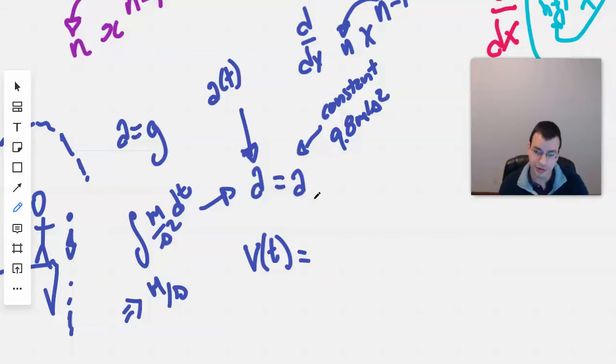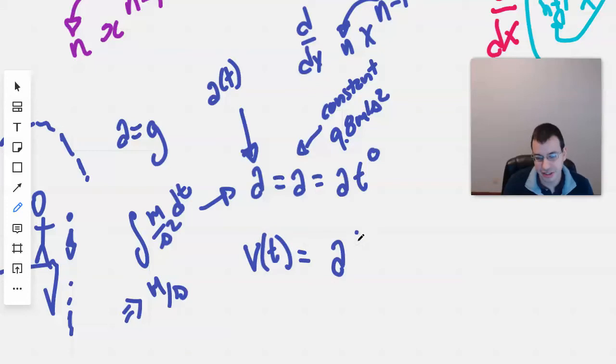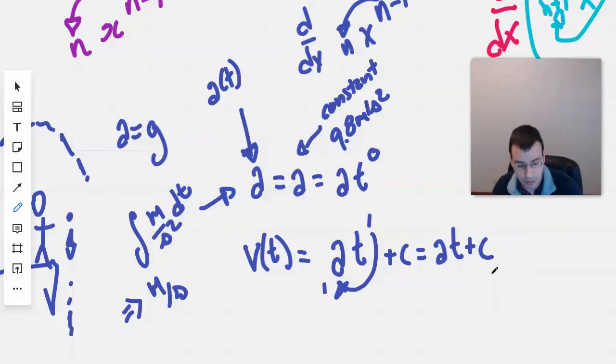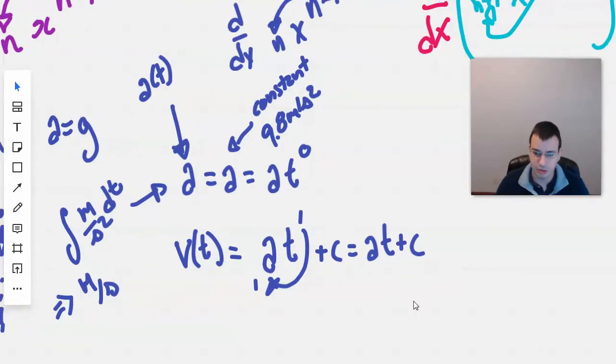So the integral of a constant, a of t, would be equal to a of t to the 0. And we're going to use the power rule on this. So a of t to the 0 then becomes a t to the first divided by 1 plus c, which equals at plus c.